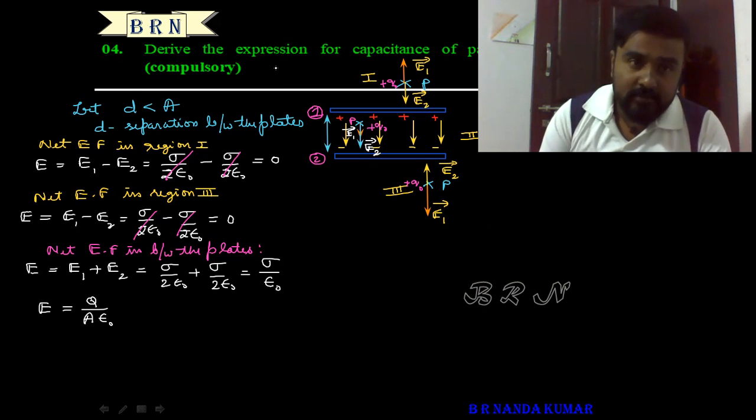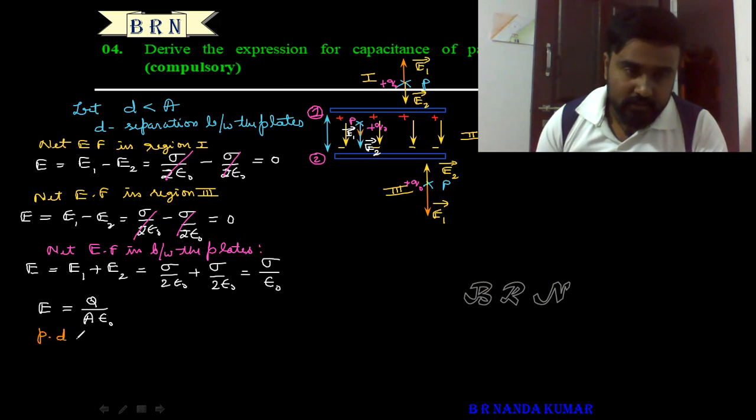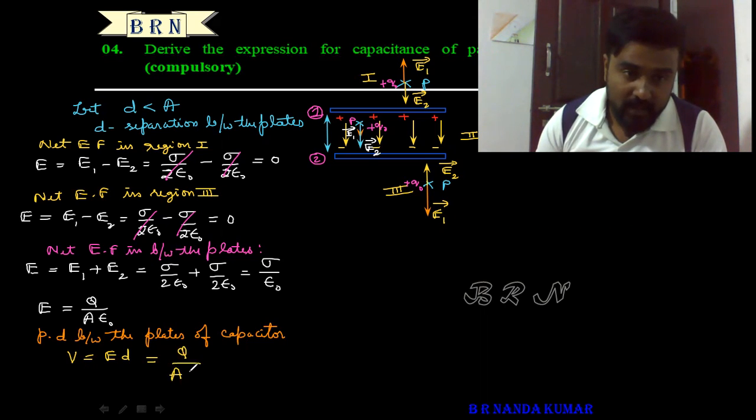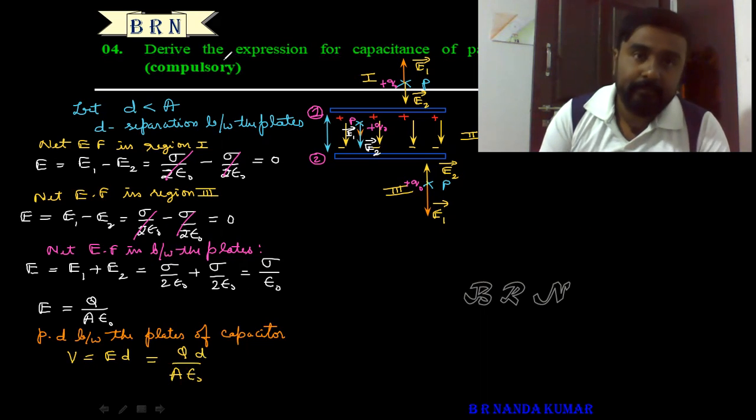The potential difference between the plates of the capacitor. Using the relation connecting electric field and potential difference, E is equal to V by D. So V is equal to E into D. What is the expression for E? E is Q divided by A epsilon naught.